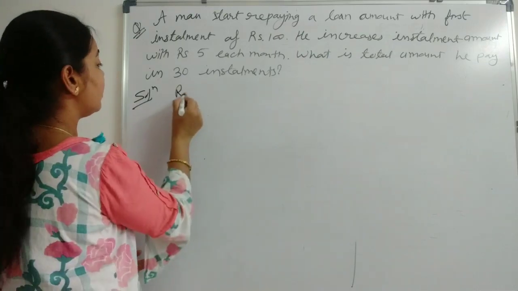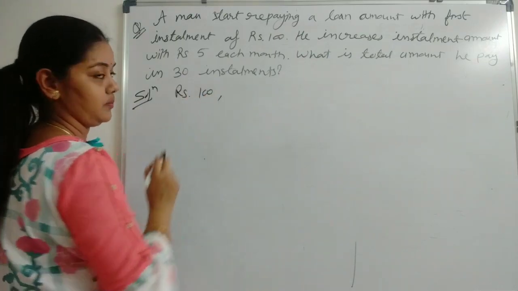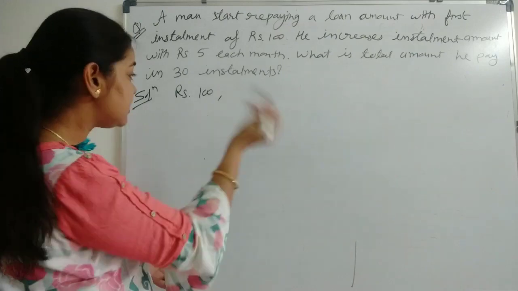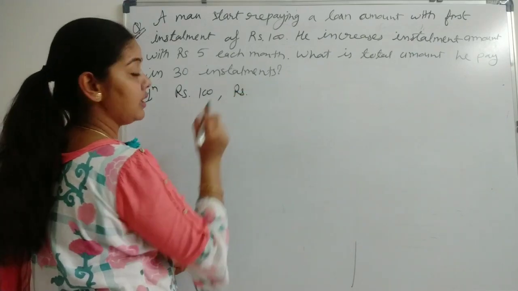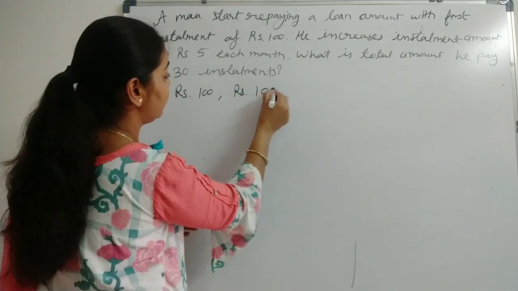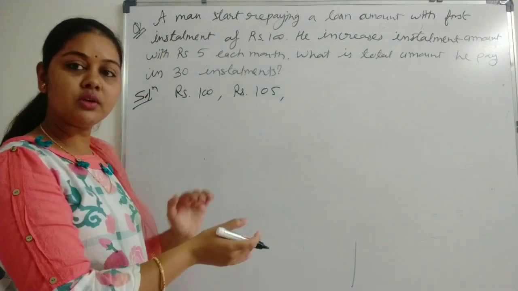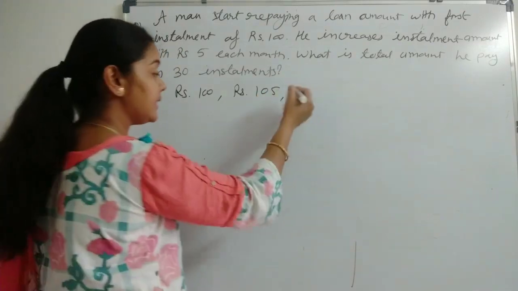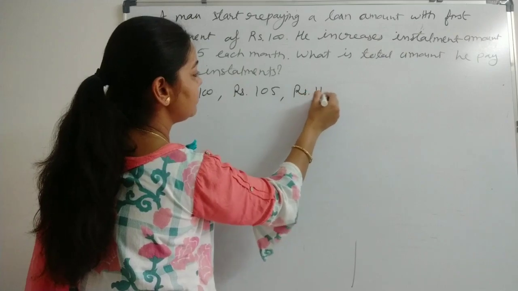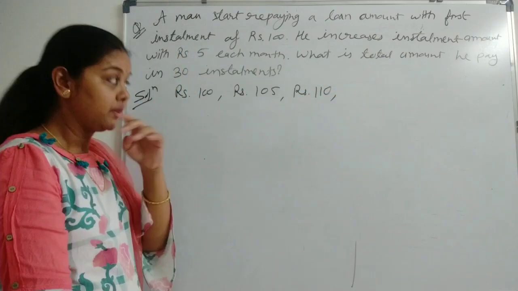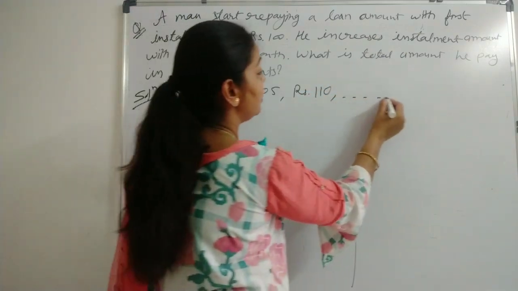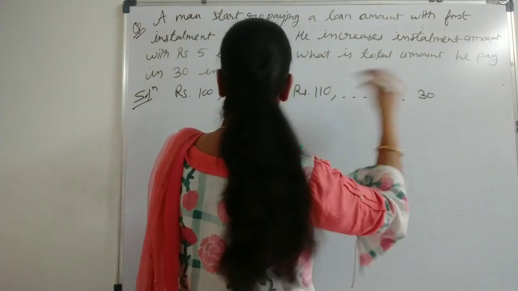The first installment amount is rupees 100 in the first month. In the second month, the person is paying rupees 105 because he is increasing rupees 5 each month. In the next month, he will pay rupees 110. Okay? In this way, in total he will pay 30 installments.